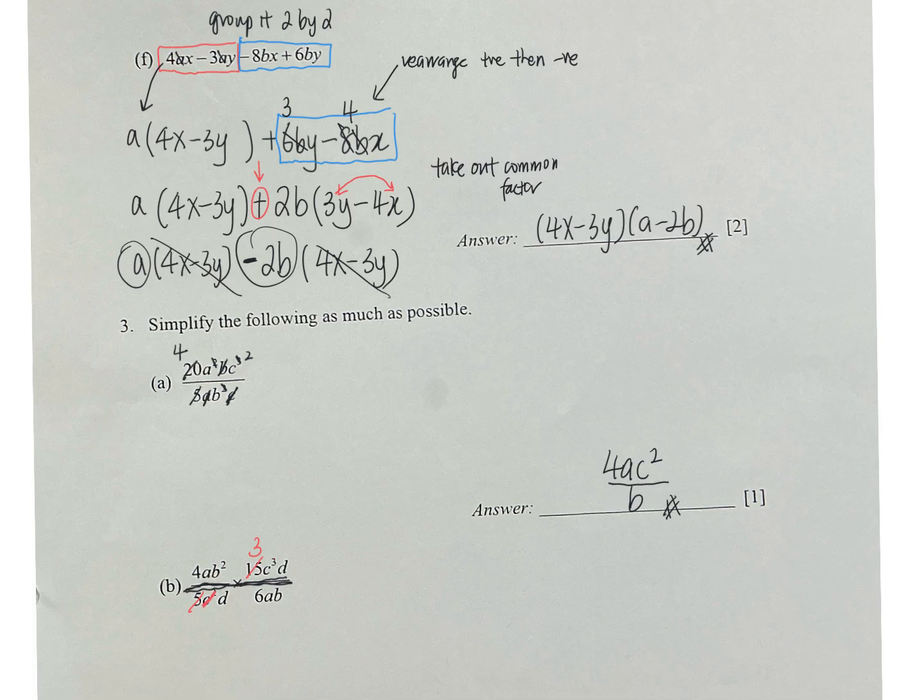C square, left 1 only. Okay, I cross out 1B. I cross out the A's. I'm gonna cancel this. And then this one also cancel out. So final answer, you will be left with 2BC. At the bottom, there's nothing left at the bottom. So actually the answer is just 2BC.